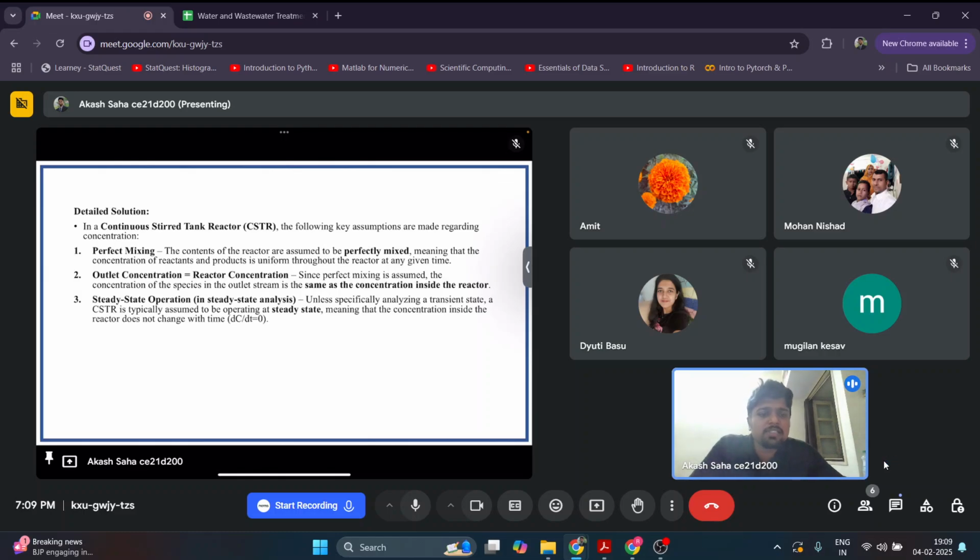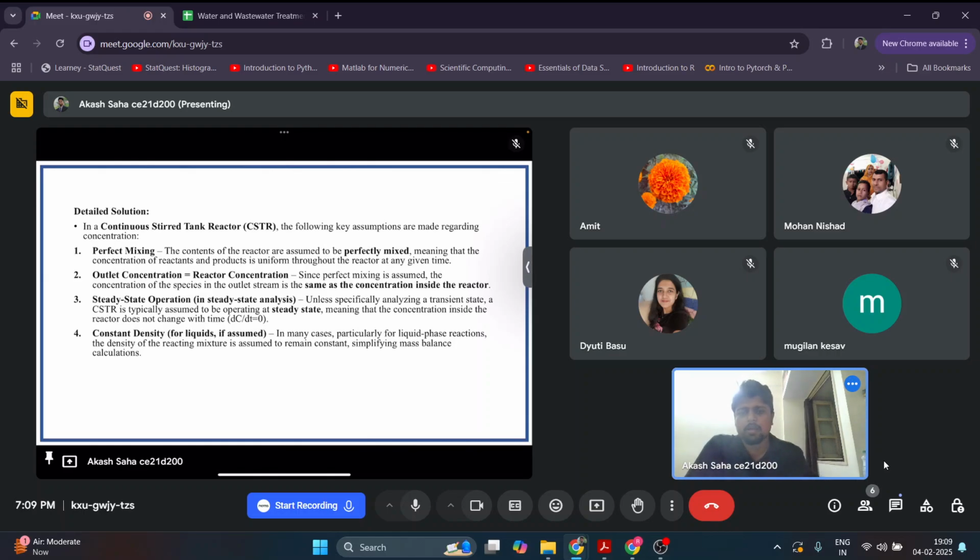That is, dC by dt will be equal to zero, right? Then constant density. For liquids, we are assuming that the density will not change, so the mass balance calculations will be certain.